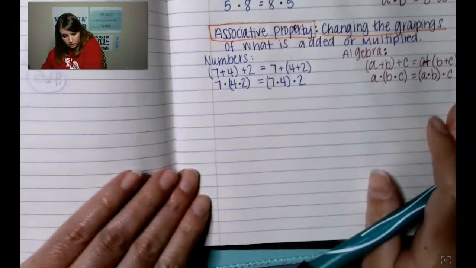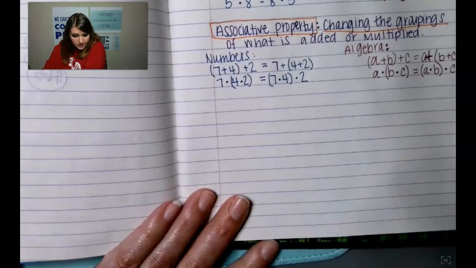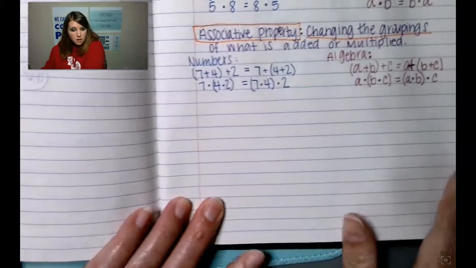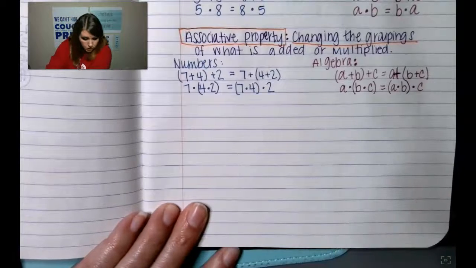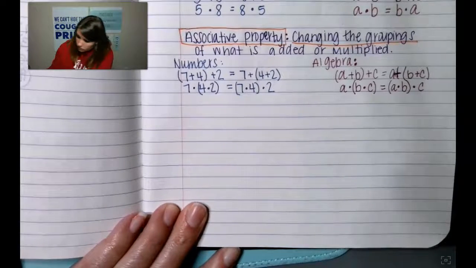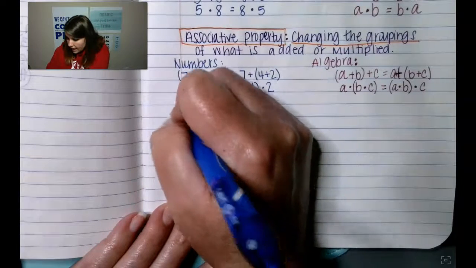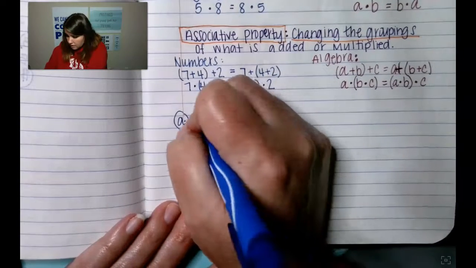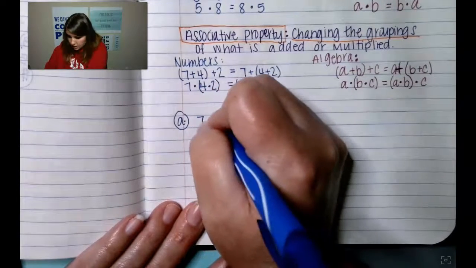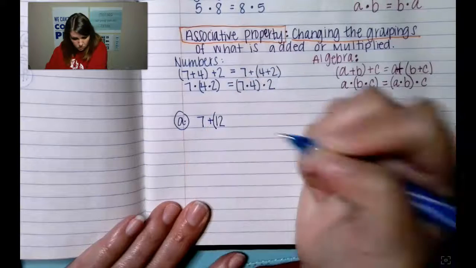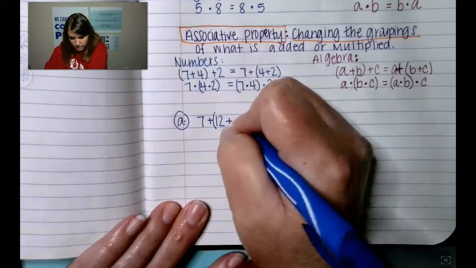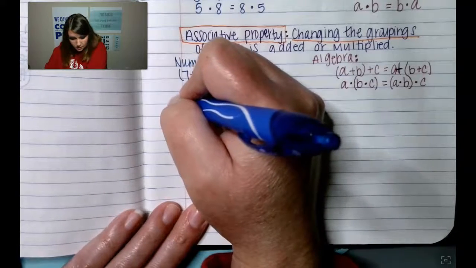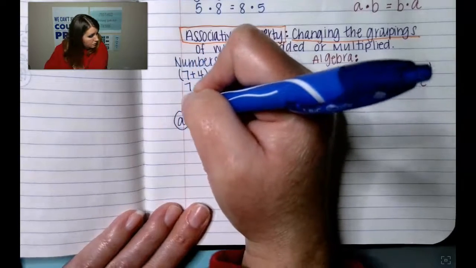Okay, so here we go. Let's do this thing. Are you ready? Let's do this. All right. So let's do example A. Example A says 7 plus 12 plus X. What does it tell us it wants us to do?